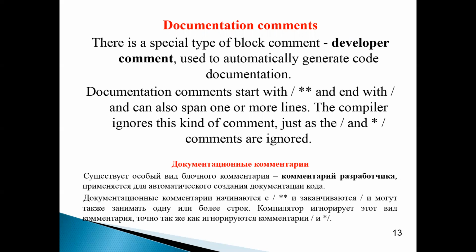Documentation comments start with slash and double asterisks, end with asterisk-slash, and can also span one or more lines. The compiler ignores this kind of comment, just as the slash-asterisk comments are ignored.